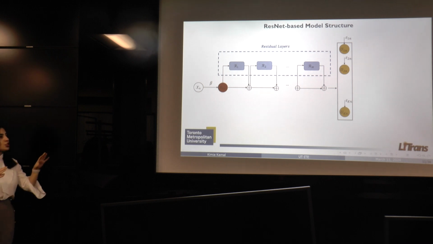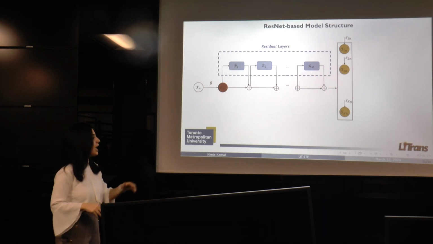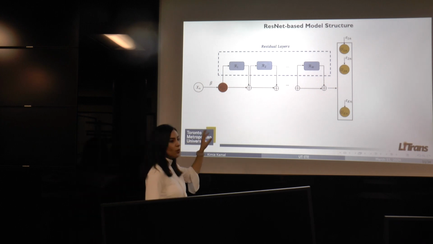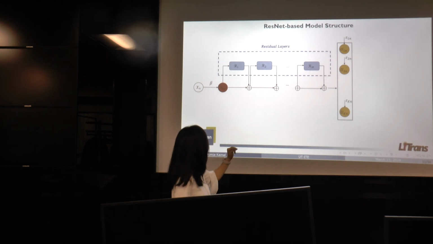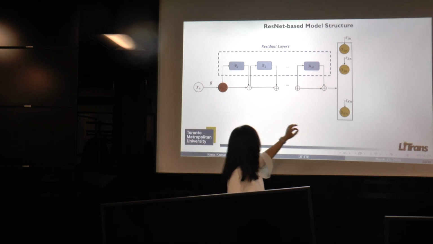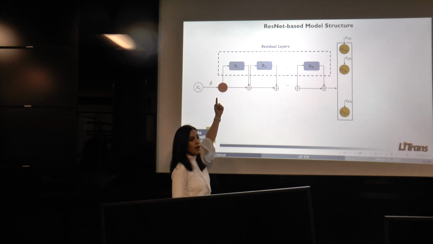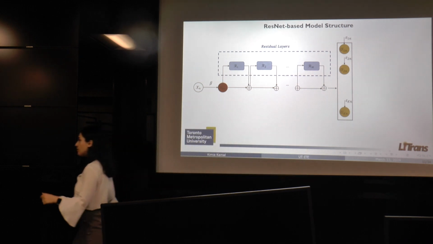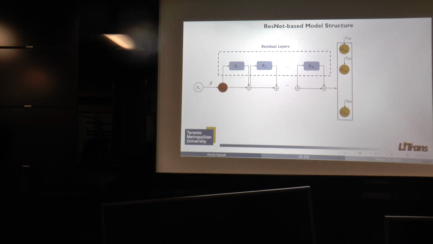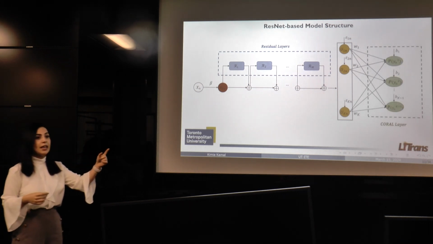This figure shows how the ResNet-based model structure works. As you can see, in both ordinal ResLogit and ResLogit, the utility function is obtained when the deterministic term is passed through the residual layers. But the only difference between ordinal ResLogit and ResLogit is the final layer.